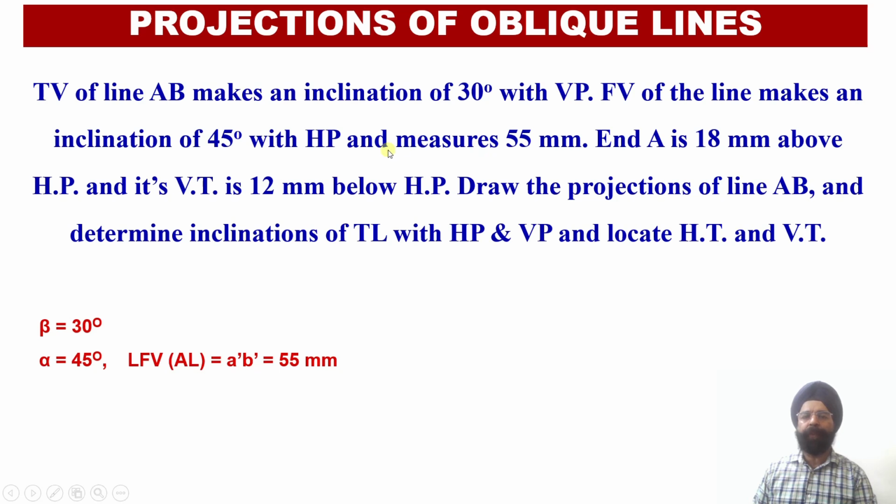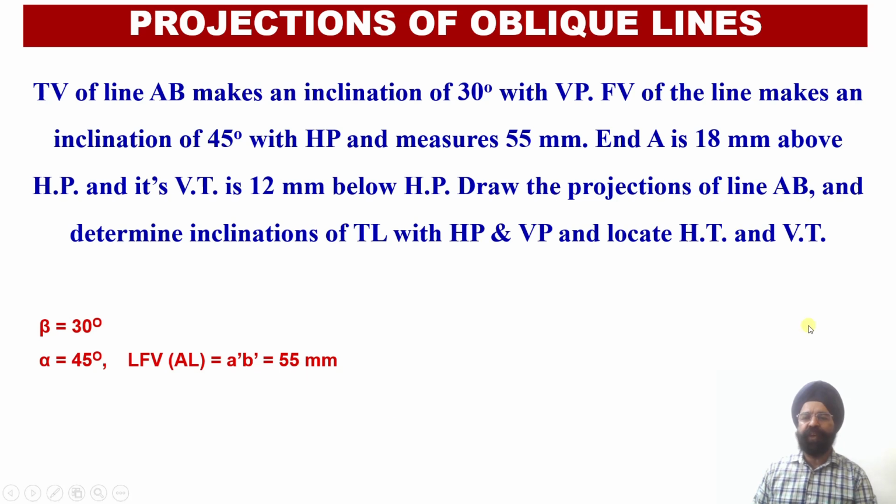And we have also been provided with the fact that the front view of the line measures 55 millimeter. That is, A dash B dash is equal to 55 millimeter. So the apparent length of the elevation projection line, that is the length of the front view, has been provided to us as 55 millimeter.